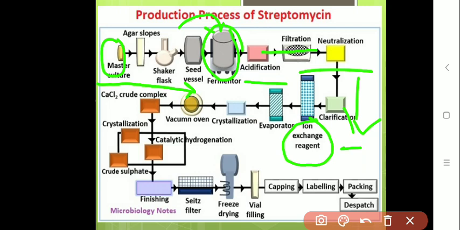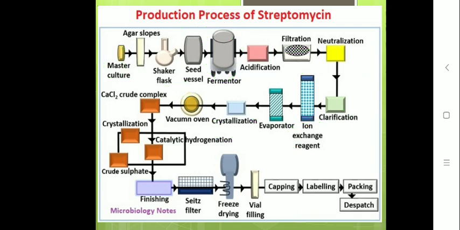Once it is eluted, it is washed with the help of hydrochloric acid and then the evaporation process is done. After the evaporation process, the proper crystals of streptomycin are formed with the help of the crystallization process.